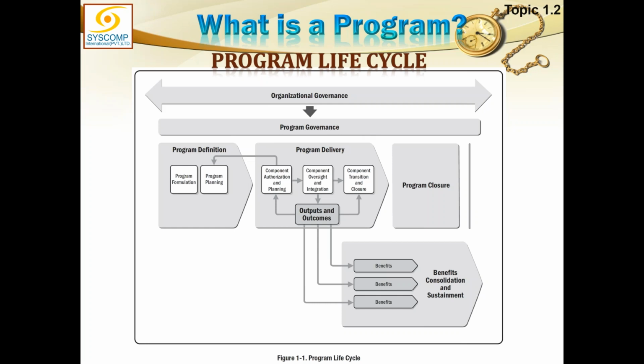So those policies and procedures regarding the management of the program are outlined in the program governance, and it is mandatory for any program in the organization to follow the program governance framework.